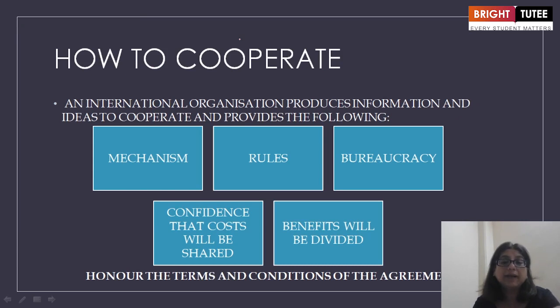How to cooperate? An international organization produces information and ideas to cooperate and provides mechanisms, rules, bureaucracy, and confidence that costs will be shared, benefits will be divided, so that the terms and conditions of the agreements are honored.